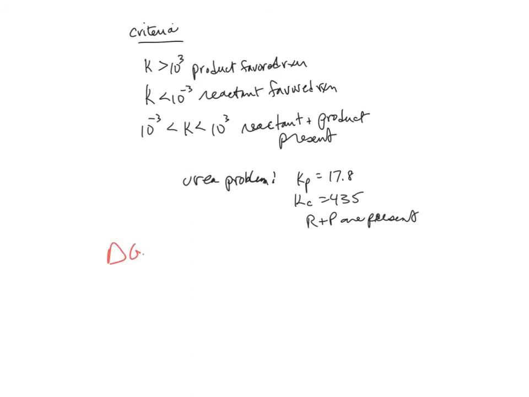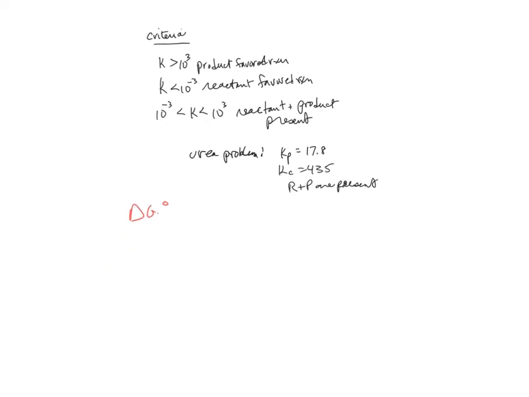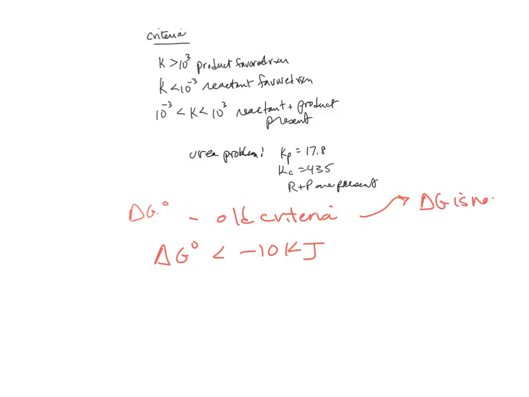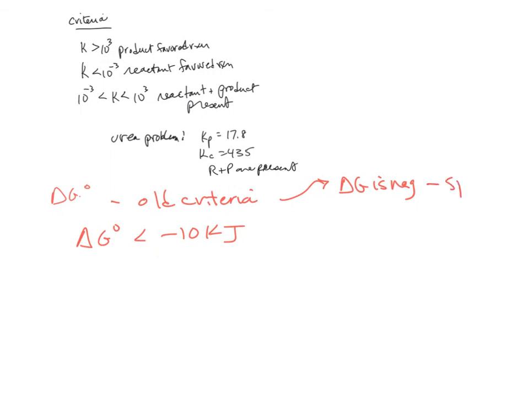So for delta G now, the old criteria, I'm going to give you an updated criteria as well. So the old criteria: let me back up and say, first of all, if delta G is negative, right, then it's spontaneous.